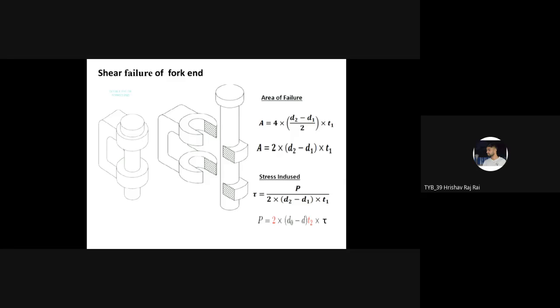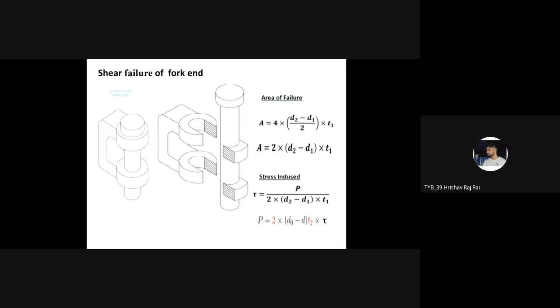Why? Because we are going to consider the horizontal length only, not both side lengths of that circular part. That's why divided by 2, multiplied by t1, that is the thickness of that fork.